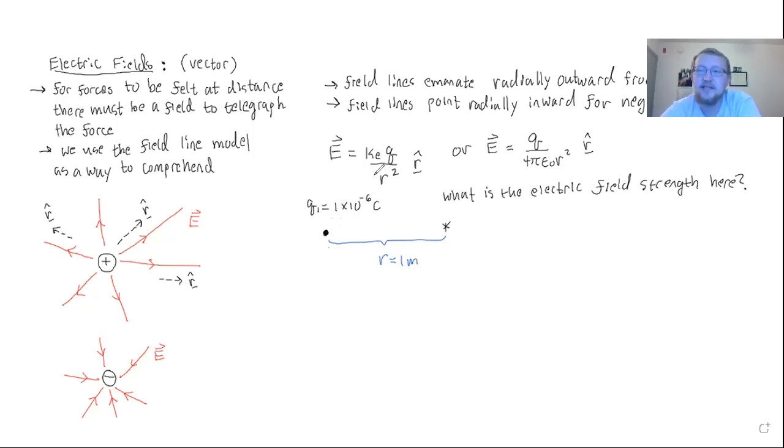And so it really is important, because as you could probably guess, around this positive charge, the electric field is the same at any given radius because the electric field strength is based on the radius, right? So as I go further and further away from the charge, the electric field is going to decrease, but still point radially outwards. So where you want to measure the electric field is very important.